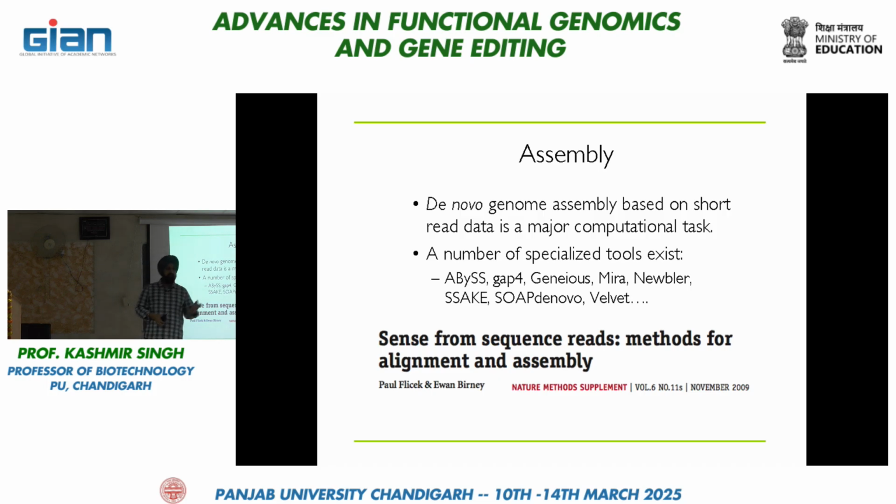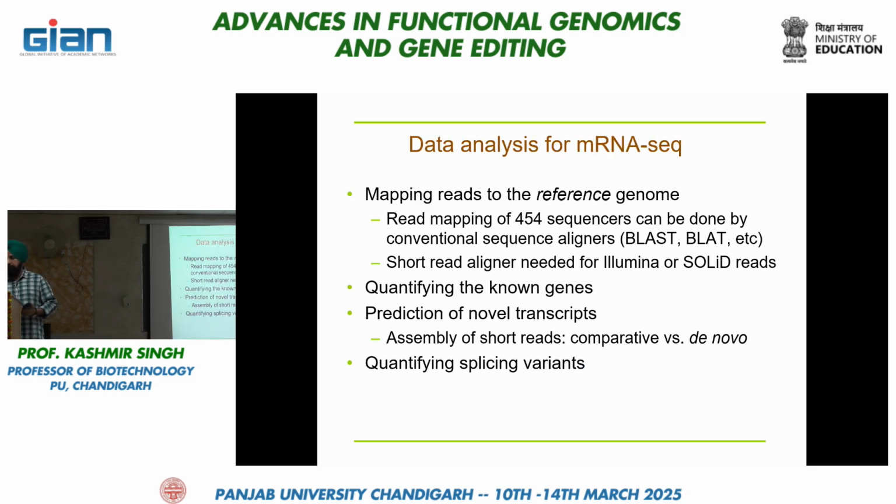It has everything. It can check the quality. It can do alignment. Okay, but if you are using some other tools or machines like SOLiD or 454, then you have to use other tools. Like we have Newbler, GAP4, Geneious, MIRA, and so on. These are various tools that are available for alignment of short reads to make the larger contigs.